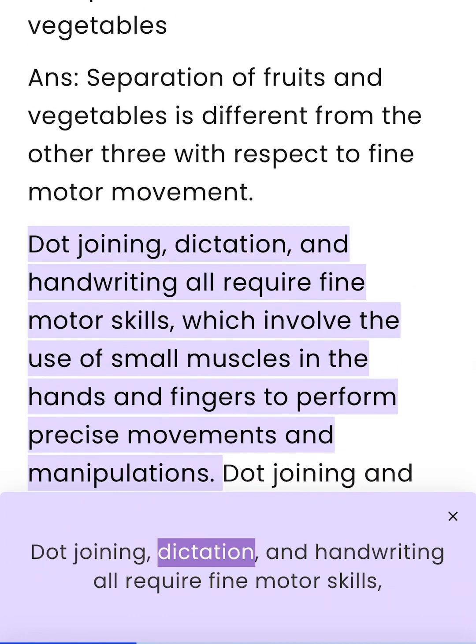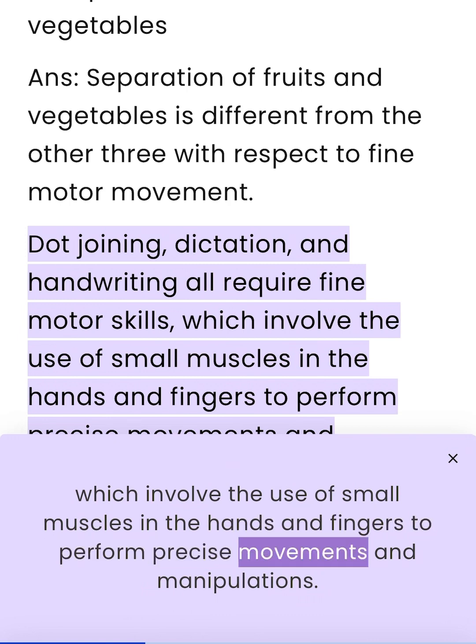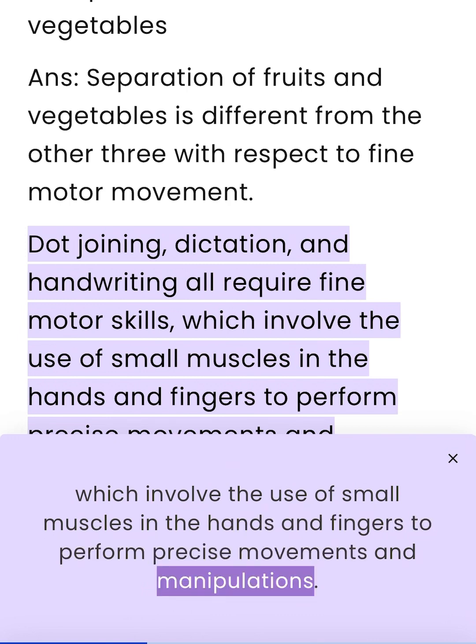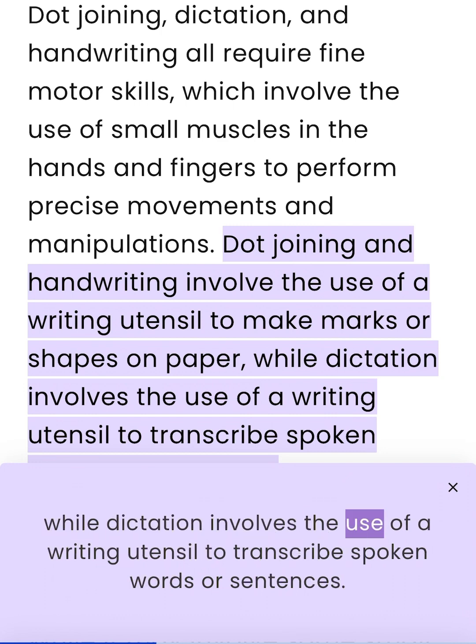Joining, dictation, and handwriting all require fine motor skills, which involve the use of small muscles in the hands and fingers to perform precise movements and manipulations. Joining and handwriting involve the use of a writing utensil to make marks or shapes on paper, while dictation involves the use of a writing utensil to transcribe spoken words or sentences.